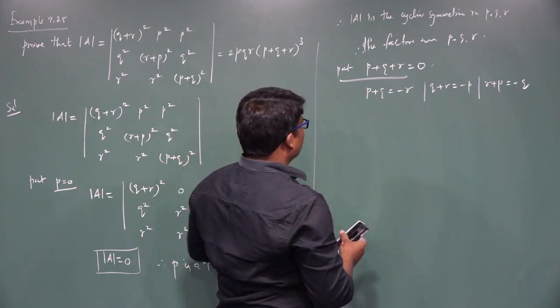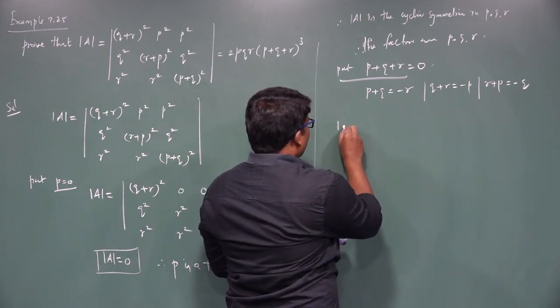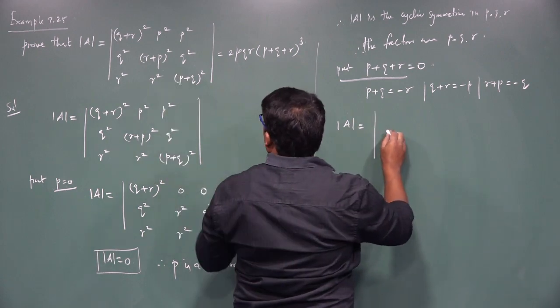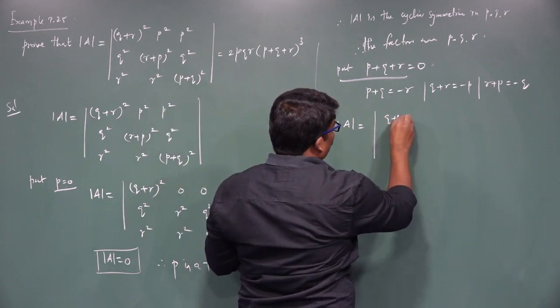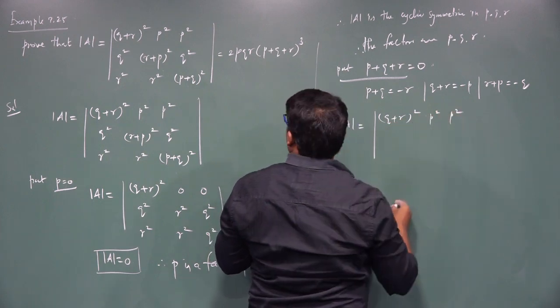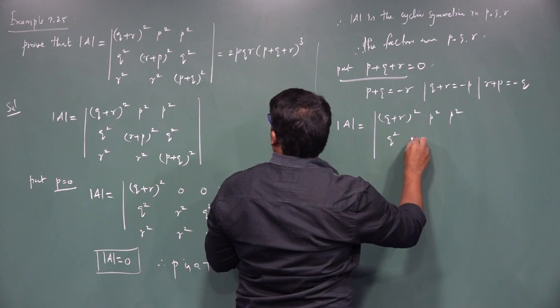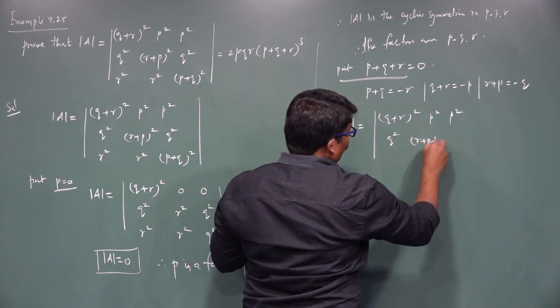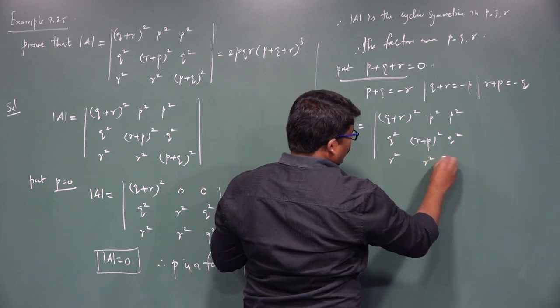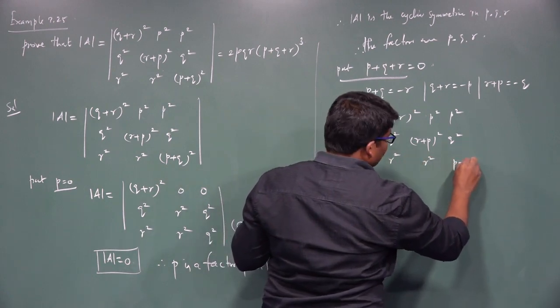Substitute in the determinant A: first row (q plus r) whole square, p square, p square; second row q square, (r plus p) whole square, q square; third row r square, r square, (p plus q) whole square.